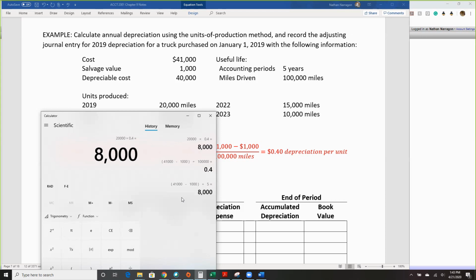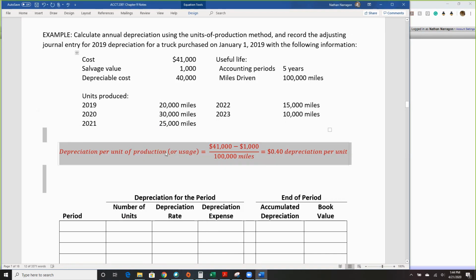Same thing with 2022. I had 15,000 miles multiplied by 40 cents. My depreciation expense is $6,000. Again, under units of production, depreciation expense is going to change from year to year.